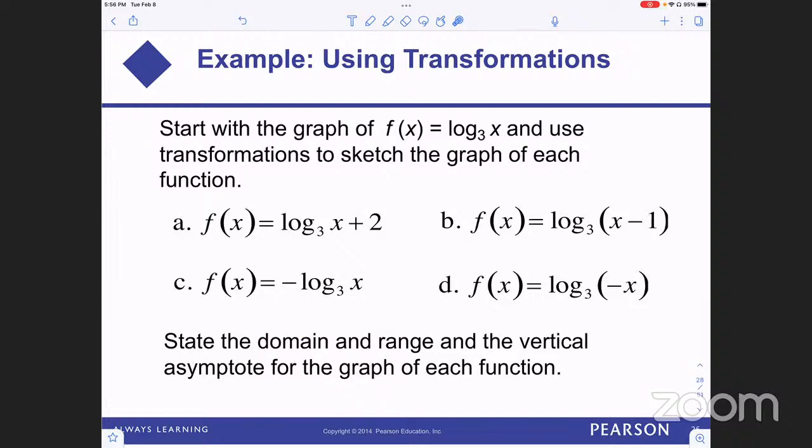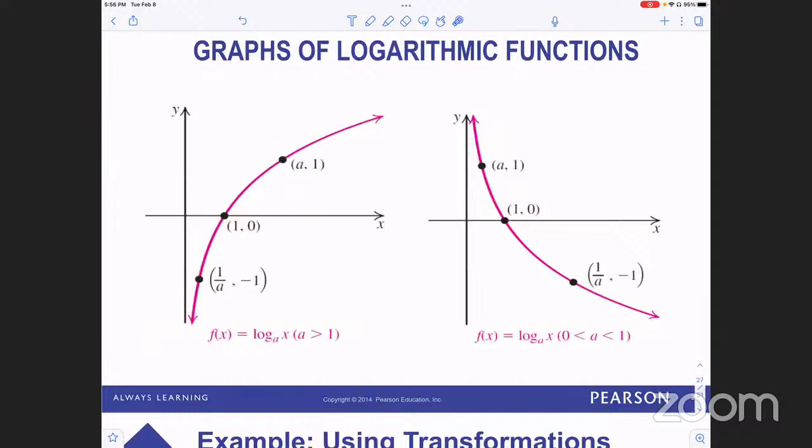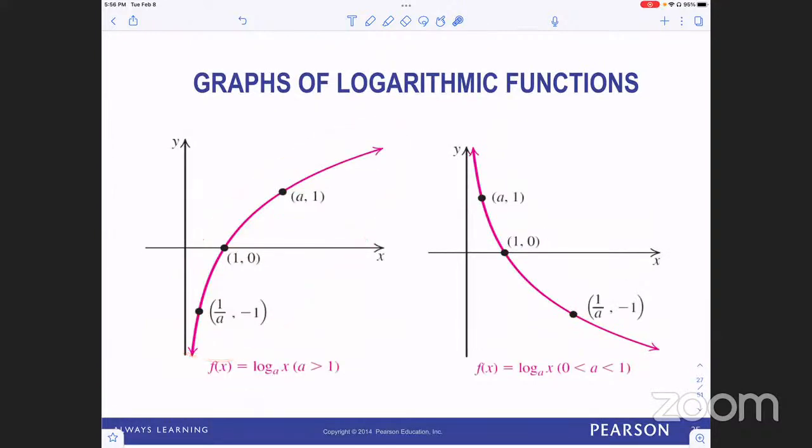Okay, start with a graph of log of x base 3 and use the transformations to sketch the graph of each function, right? So log of x base 3, the shape is similar to this, right? So now the idea is just start with a shape like this and then describe your graph through transformations.